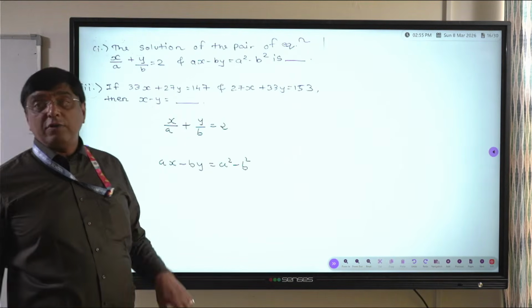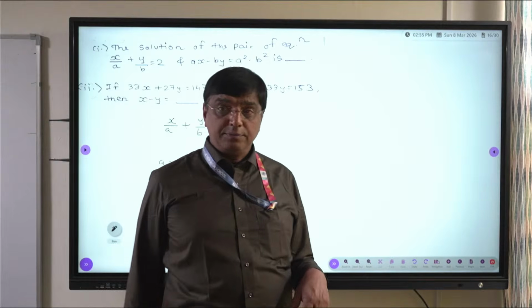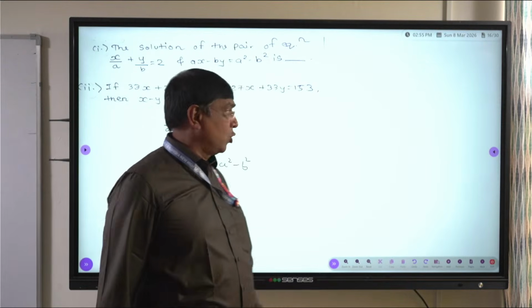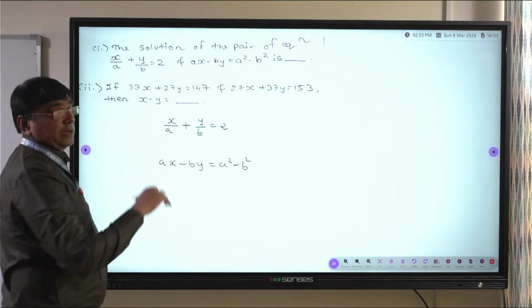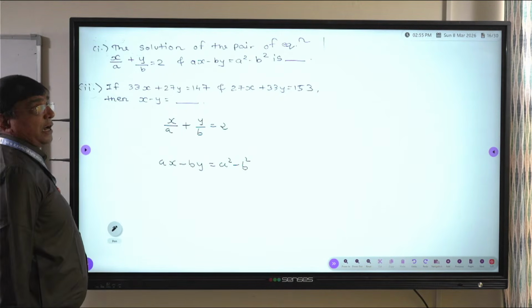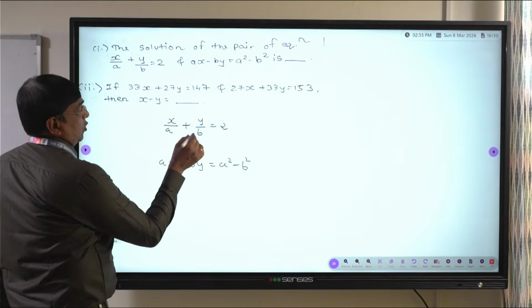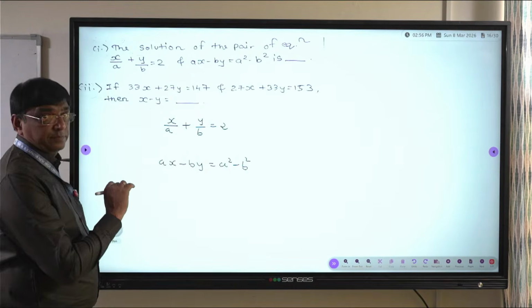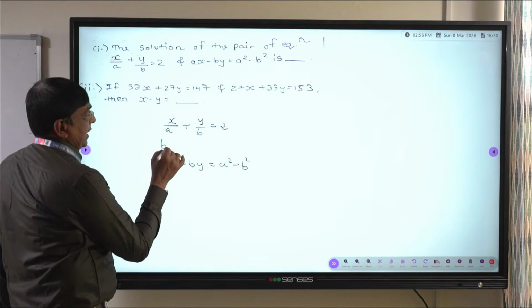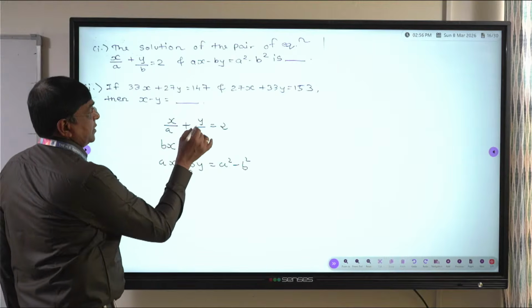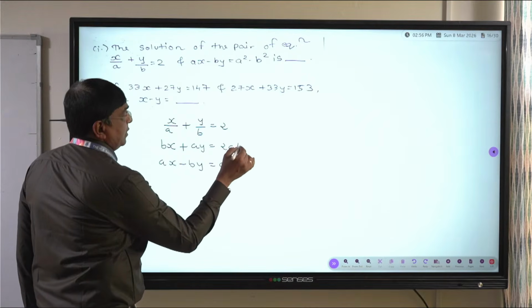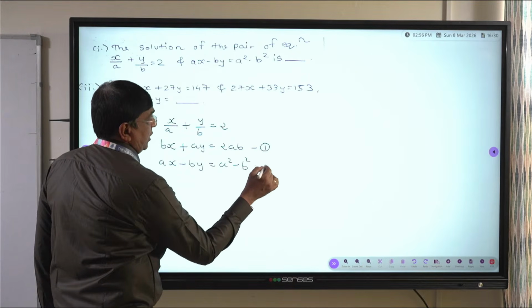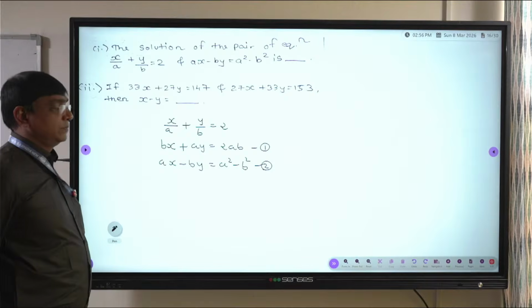Both are a pair of linear equations in two variables. So first let's simplify, meaning convert it into standard form. So LCM is ab, and it gives bx plus ay equals 2ab. Say this is your equation 1 and this is your equation 2.